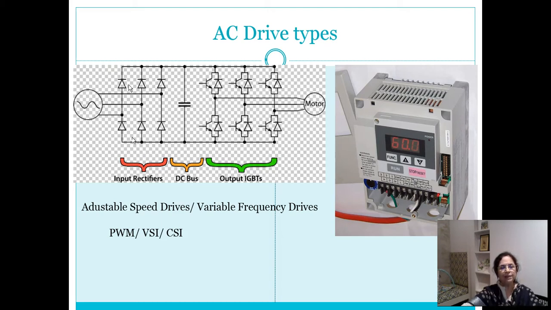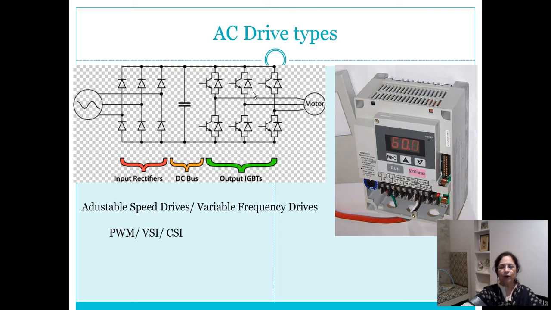In most cases, it is a three-phase diode bridge rectifier. So its role is to convert the available AC supply into DC, and the converted DC supply is maintained constant as a source of DC voltage for the inverter by the DC link. So this is a typical configuration for AC drives.